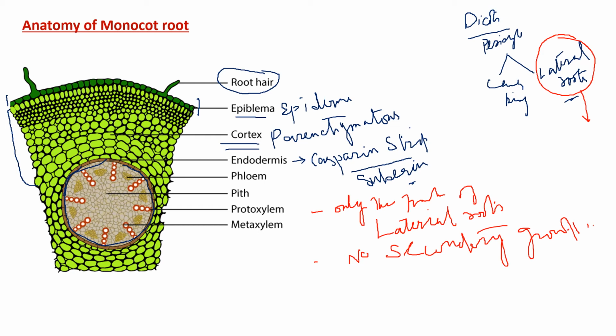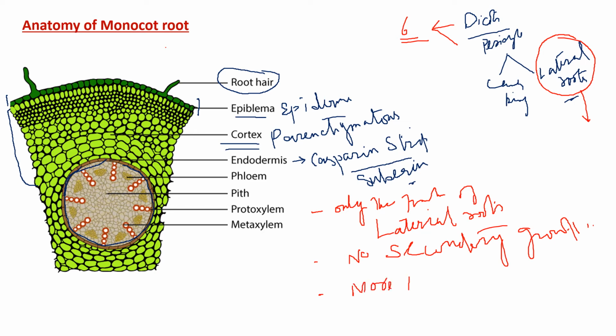Third important point is that in case of the dicot root, the number of vascular bundles was less than 6, and generally it was 4. But in case of the monocot root, the number of xylem bundles or the phloem bundles is always more than 6.